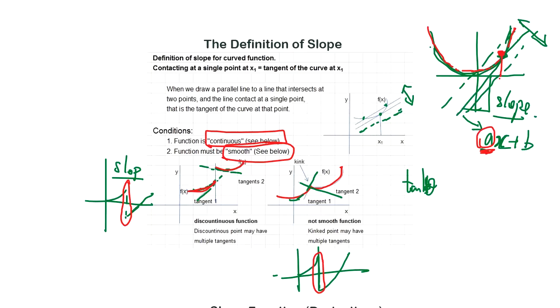Tangent has a bunch of discontinuities here, and some rational functions have discontinuities, but within this range it's smooth and continuous, so we can deal with it. Okay, so we consider the slope function of a function. How do we determine the slope function? Here's how. We use derivatives.